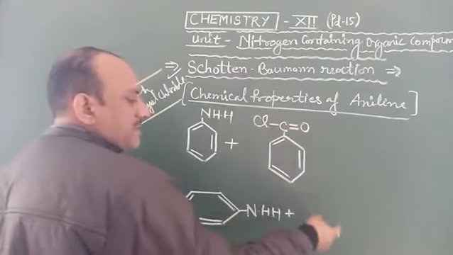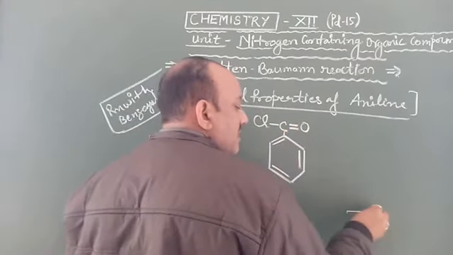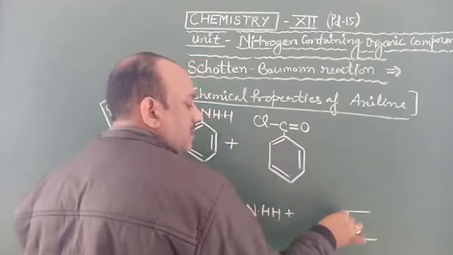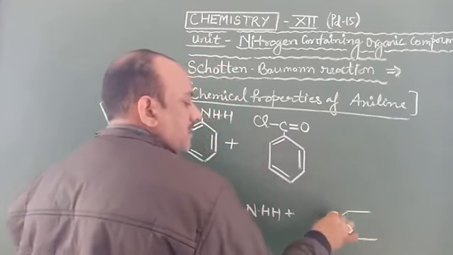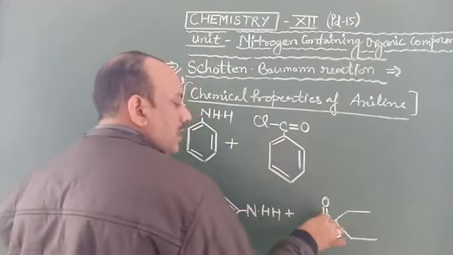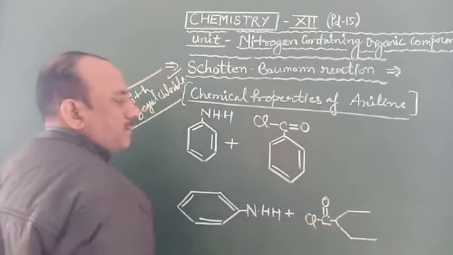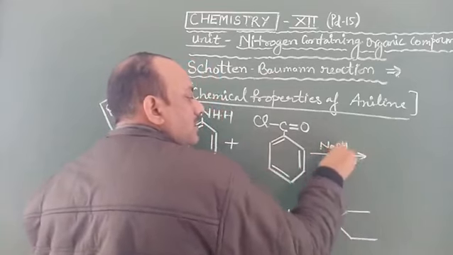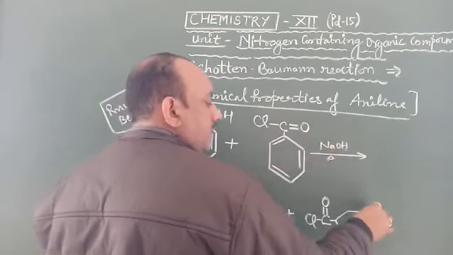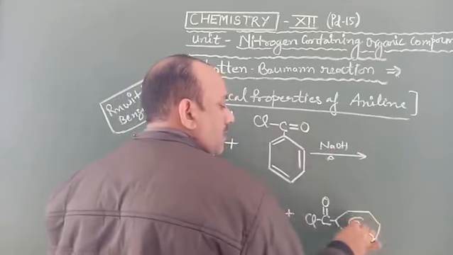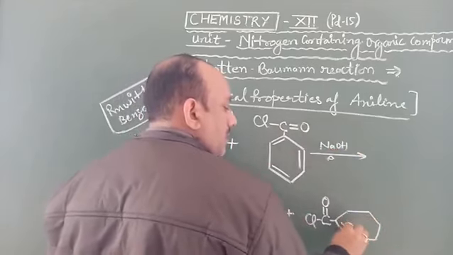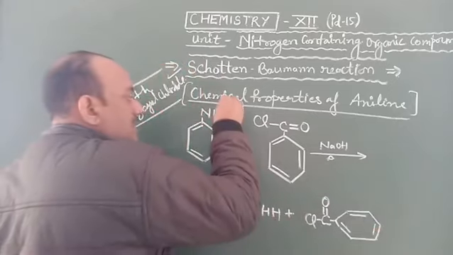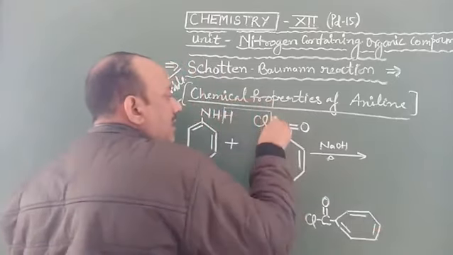Also represented by the lateral structure of benzoyl chloride, C double bond O and single bond Cl. In the presence of NaOH, it eliminates hydrogen chloride, HCl.